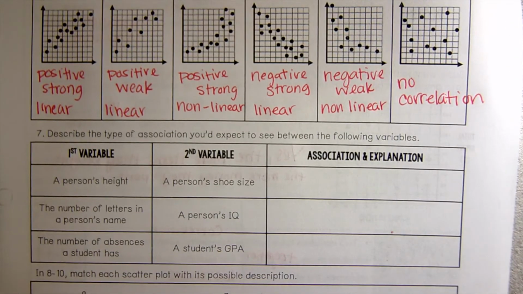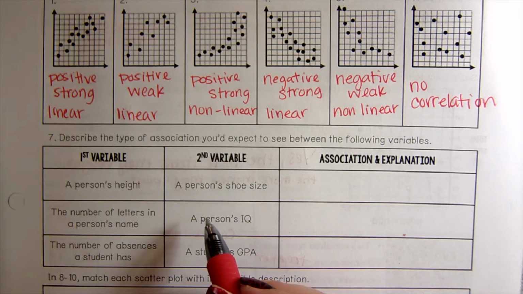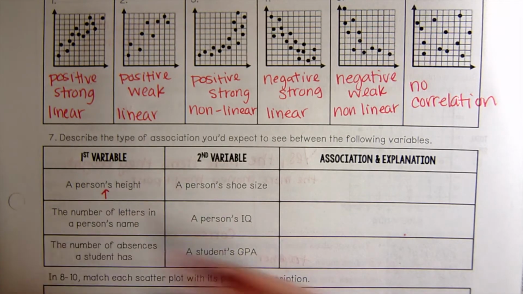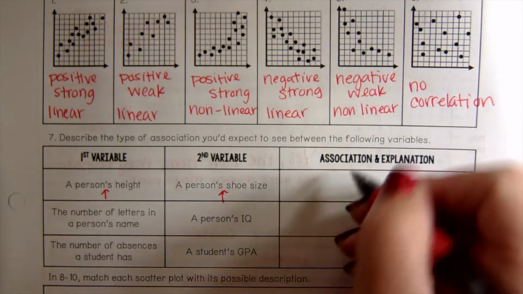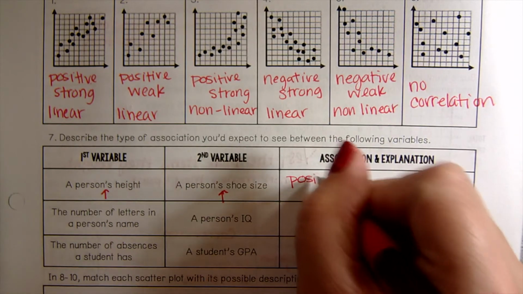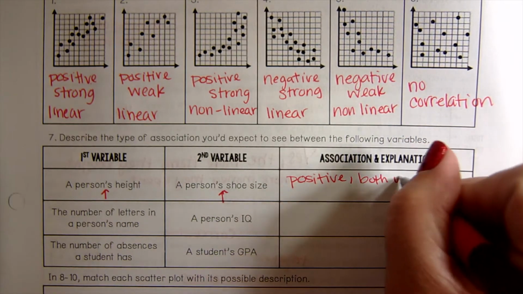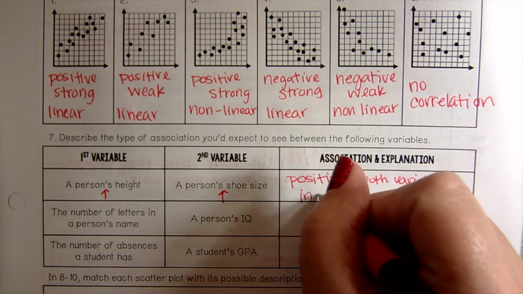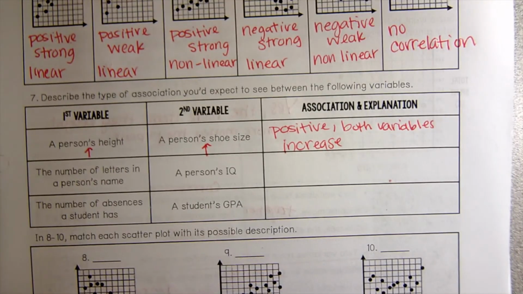All right, describe the type of association you'd expect to see between the following variables. A person's height and a person's shoe size. So most of the time, as you grow taller, so as your height goes up, your shoe size also goes up. So that would be positive because both variables increase. The number of letters in your name and your IQ.